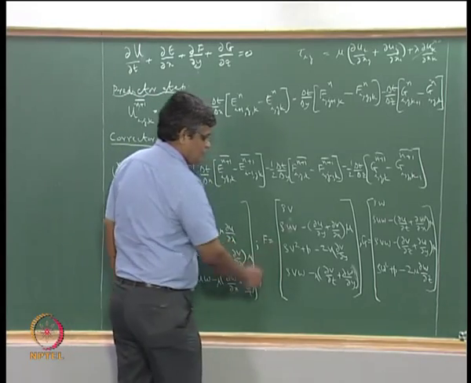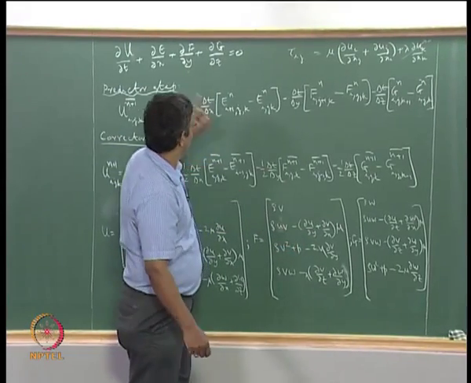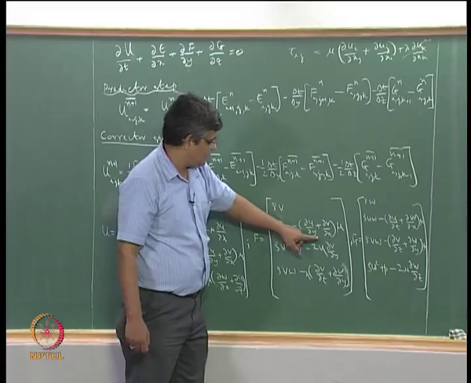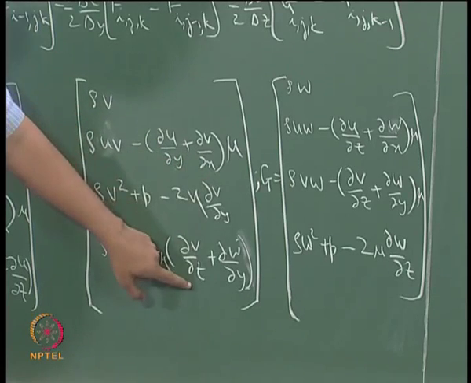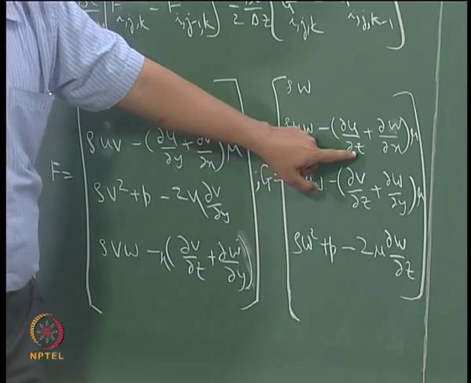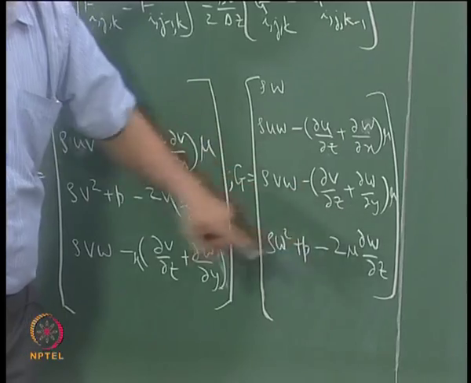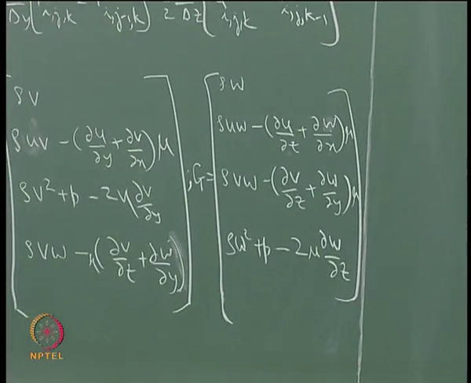When you come to F here, anything with respect to y will be a normal derivative, and anything with respect to x or z will be a cross derivative. In the same way here, anything with respect to z is a normal derivative, and anything with respect to x and y will be cross derivatives.